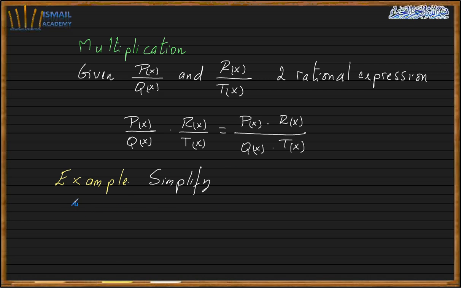So suppose I want to multiply x squared minus 5x minus 14 over x squared minus 9 times x squared plus 6x plus 9 over x squared, numerator and denominator. But this is going to be too long. So sometimes first see if you can factor.